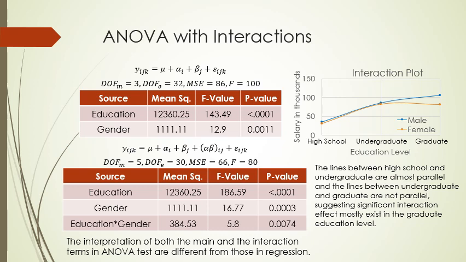From the graph, we observe the lines between high school and undergraduate are almost parallel, and the lines between undergraduate and graduate are not parallel, suggesting significant interaction effect mostly exists in the graduate education level.